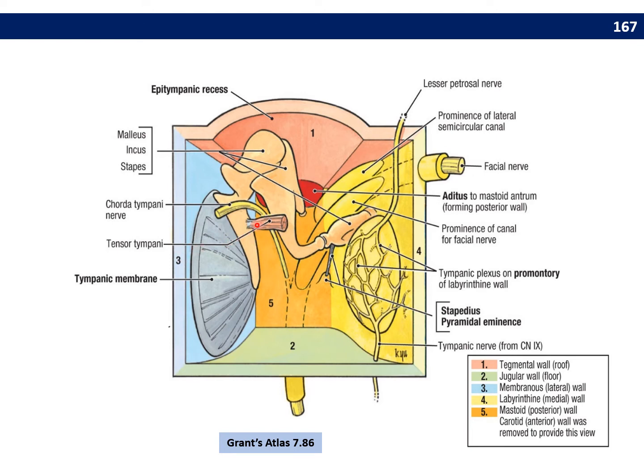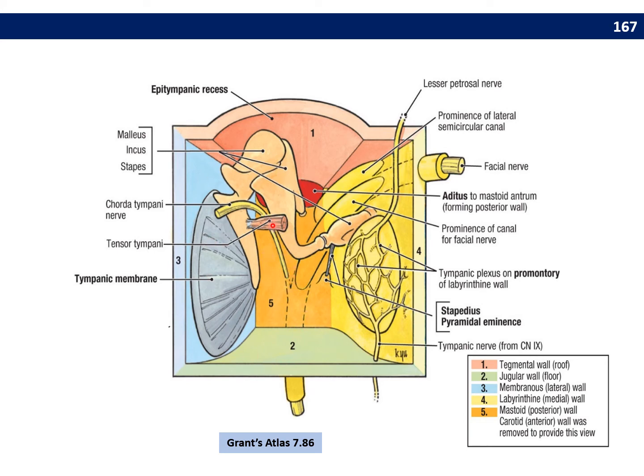The tensor tympani is here. It sits in its own canal superior to the pharyngotympanic tube. And the other part of it is cut here. The other part of it is at this wall that is closest to you that we're looking through.